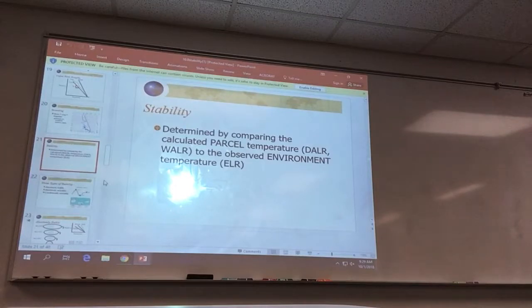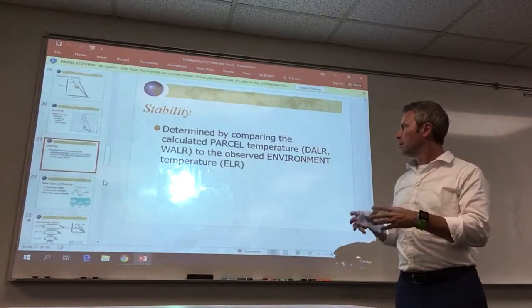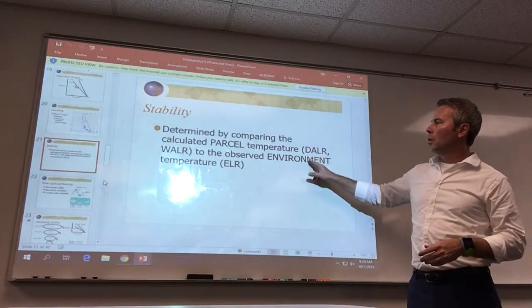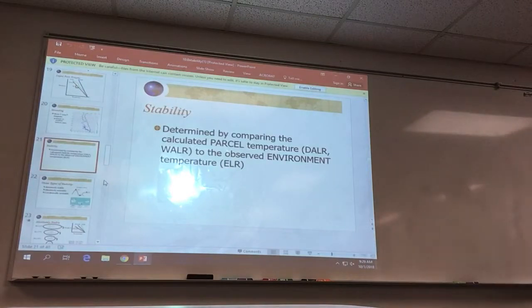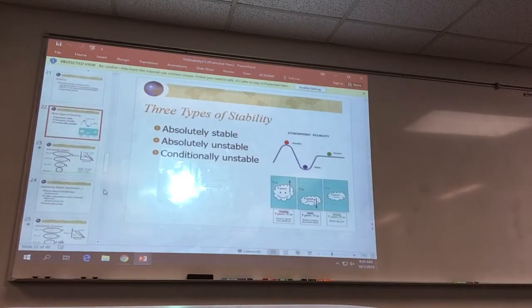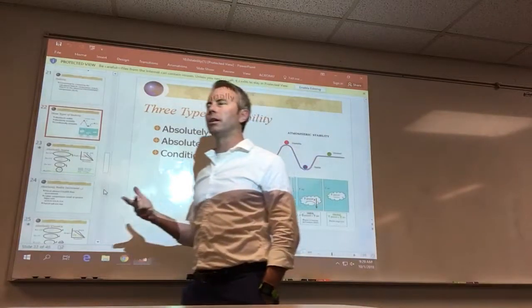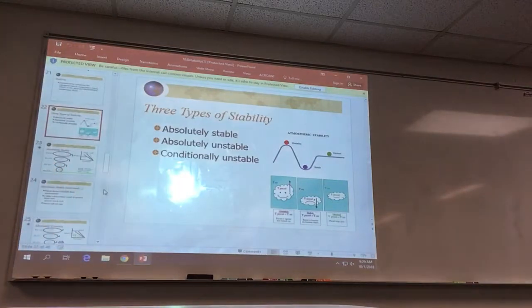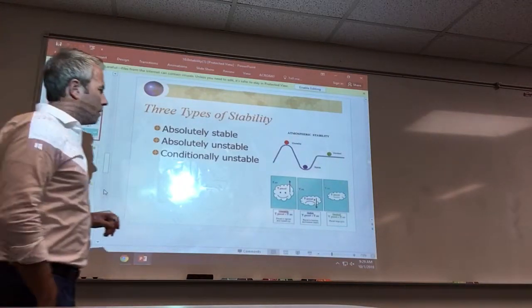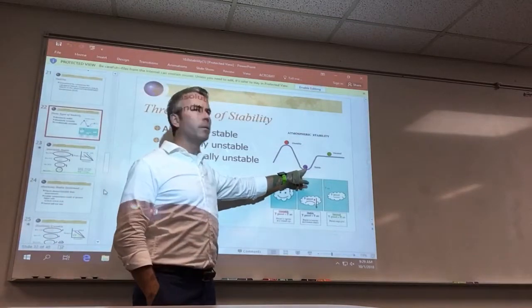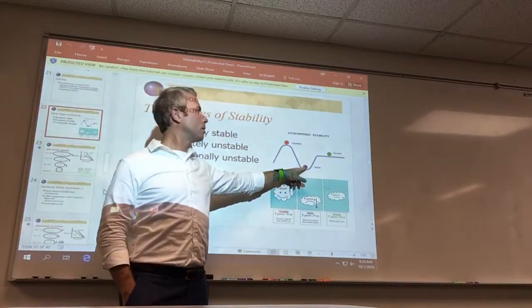Okay. So to understand stability, we compare the parcel temperature, our little air bubble, to what the environment temperature is. So there's three ways to look at this. There's absolute stability, there's absolutely unstable, and a conditionally unstable environment. It can be one of the three, right? Now, an absolute stable environment is just like the bowl, like we remembered before.